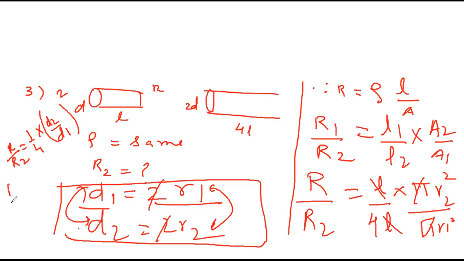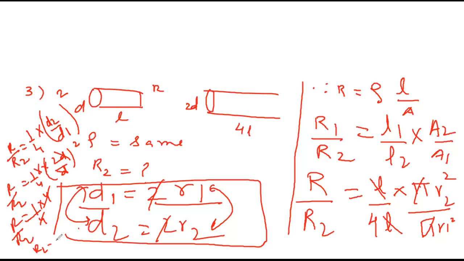Now R upon R2 is 1 by 4. Second diameter is 2D, first diameter is D. I can cancel D. What is 2 squared? 4. That means resistance will remain the same.